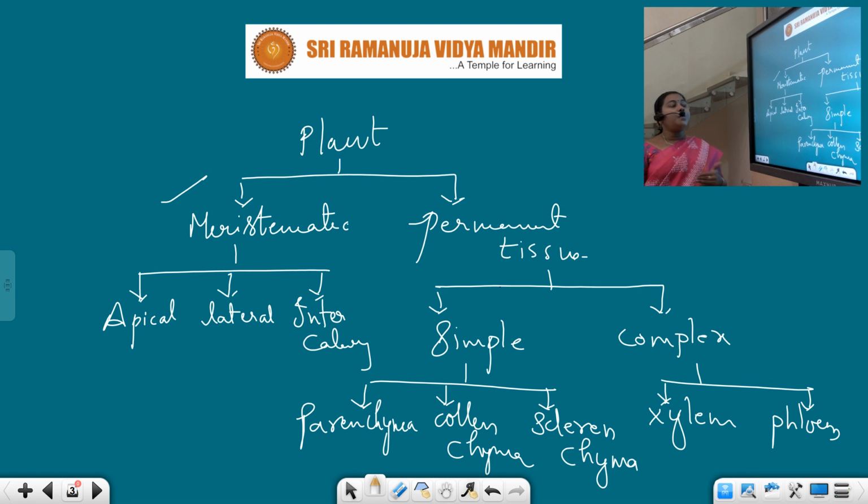Permanent tissue loses the quality of division, so they are incapable of division. Permanent tissue obviously comes from meristematic tissue. Apical, lateral, intercalary are the different types of meristematic tissue. Permanent tissue is simple and complex. Under simple, we discussed parenchyma, collenchyma and sclerenchyma.